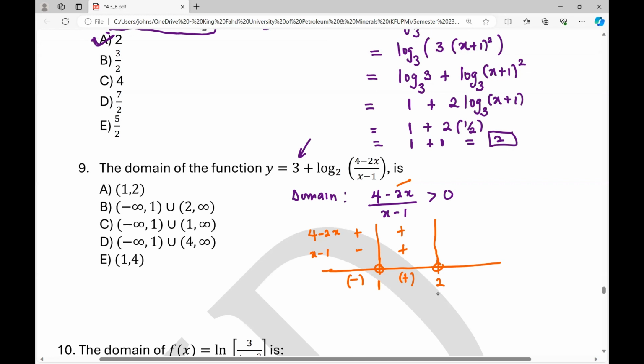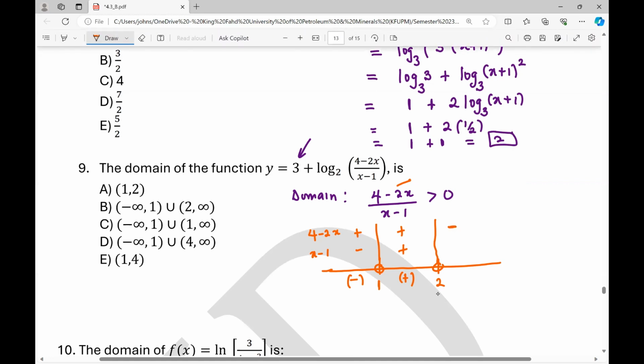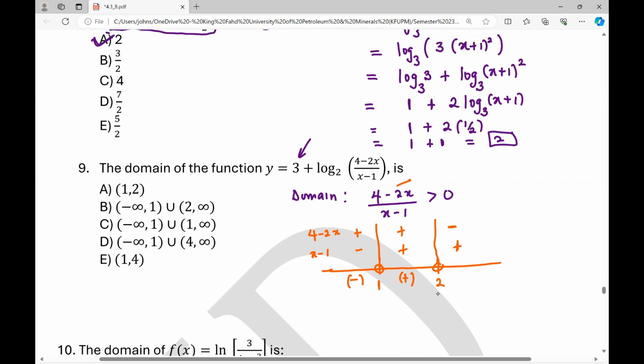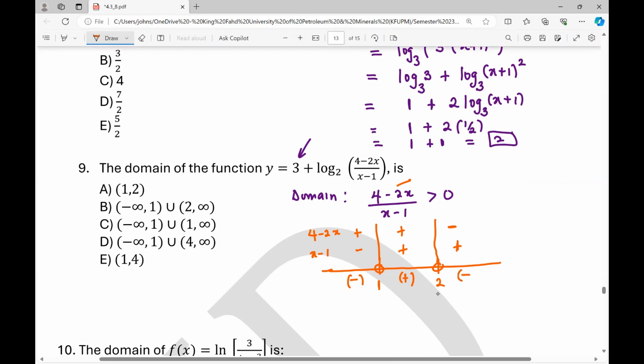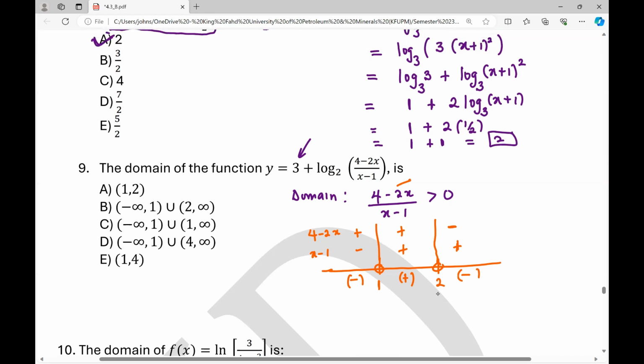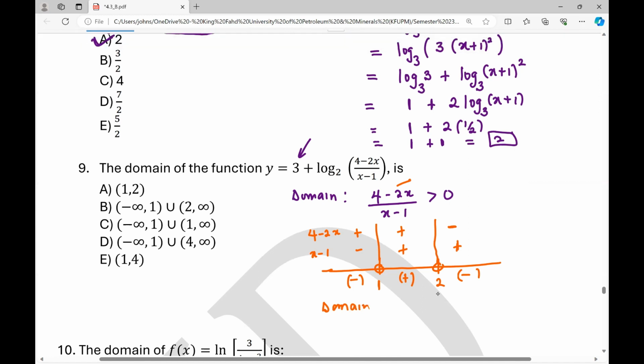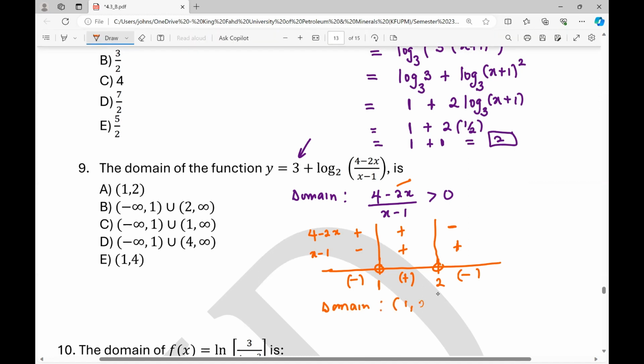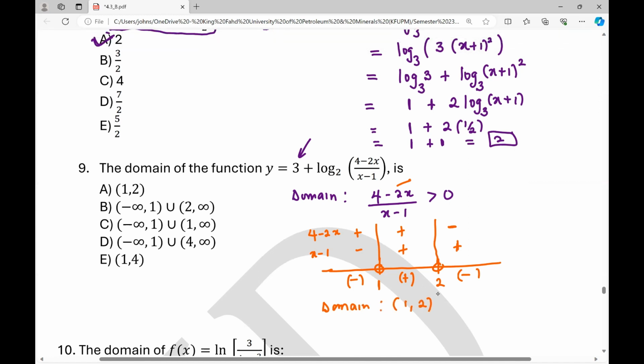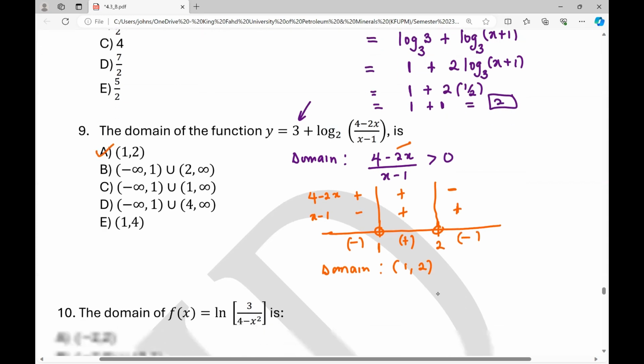If you take 3, this will turn out to be negative, and this is going to be positive. So here it's just negative. The only place where we have greater than 0 is between 1 and 2. So the domain is just (1, 2). So this is also A.